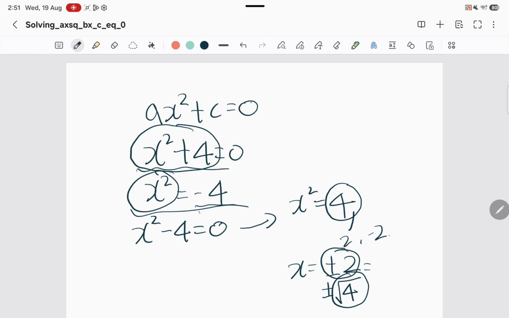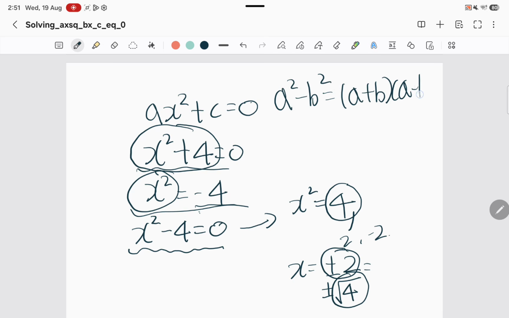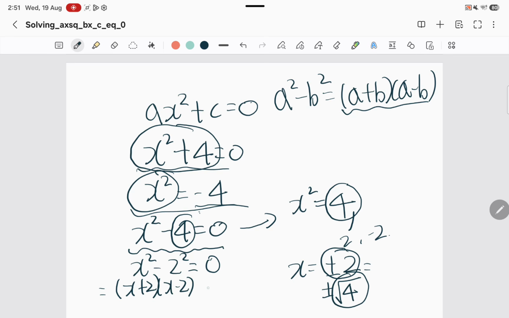But have a look at this one. This is actually the difference of squares. We also learned this right before. A squared minus b squared, we can change into a plus b and a minus b. So think about 4 as 2 squared. Then you can change this into x plus 2 and x minus 2 equals 0.